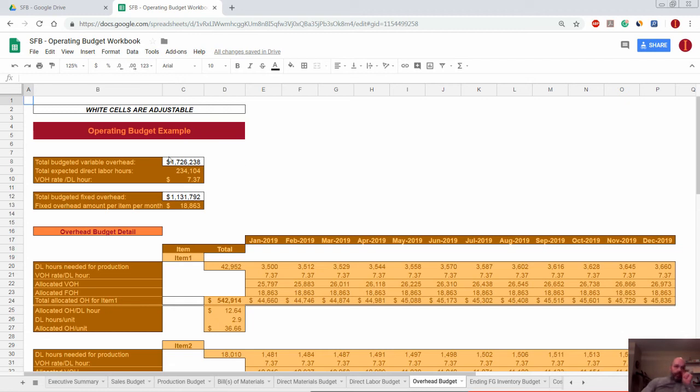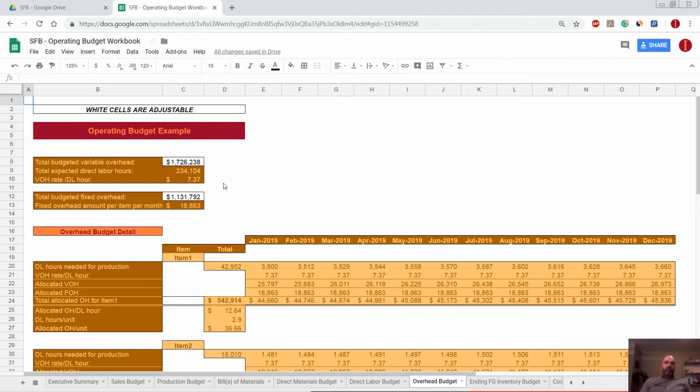So, overhead could be one of those things that's a subject unto itself, like so many other things, but anyhow, it's broken out into two general types here. We've got fixed and we've got variable.